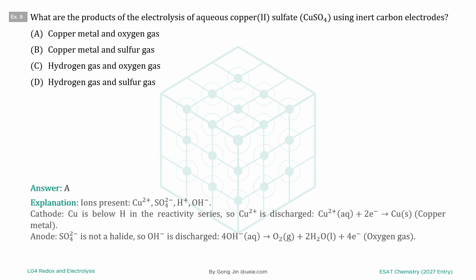At the anode, sulfate is not a halide, so we get oxygen gas from the hydroxide ions. So the products are copper metal and oxygen gas. Answer A. The blue solution will fade as the copper ions are removed, and the solution becomes sulfuric acid.